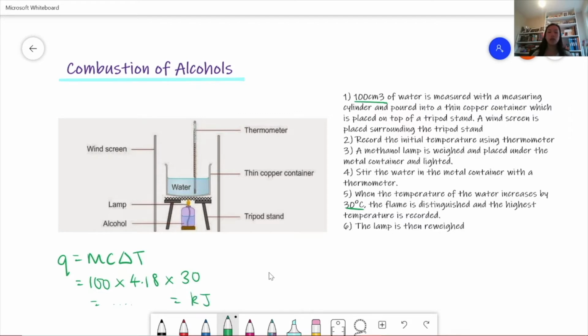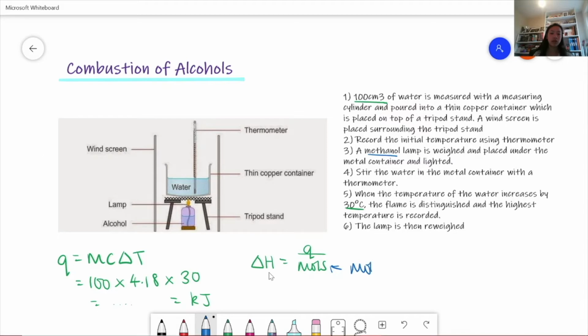And then we can find the enthalpy change, which is delta H, and that equals Q over moles. And this moles here is the moles of the alcohol. So in this case, it's methanol, so that would be CH3OH.